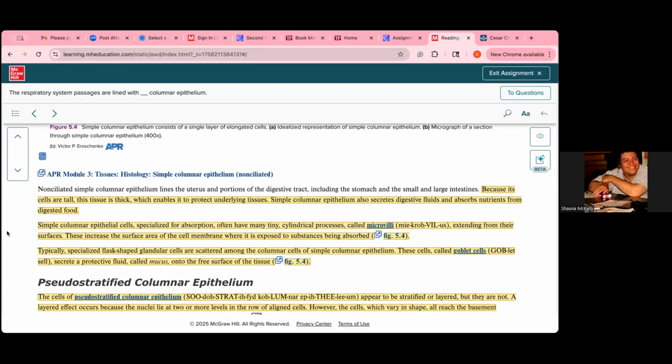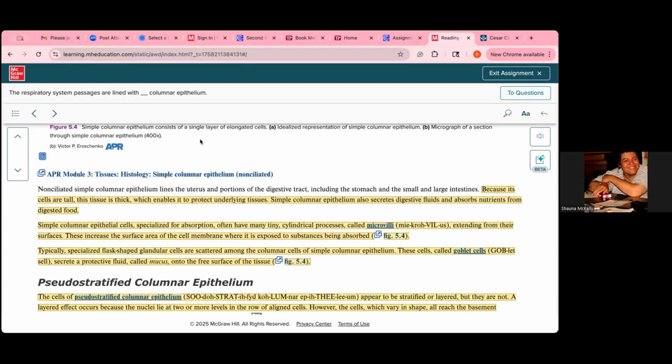Okay, I think it's, go back up. I think it's simple. They were saying columnar, but I think it's actually, okay, the respiratory system passages are lined with... it's not simple columnar.